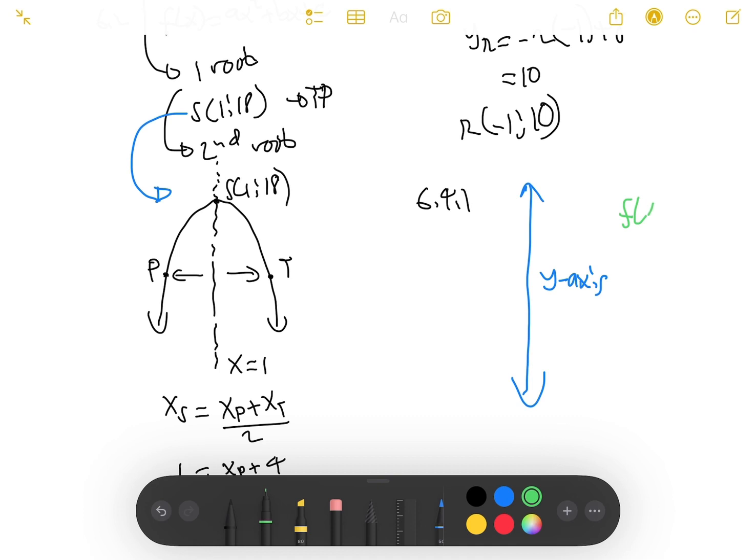Where is the graph of f of x greater than the graph of g of x? Even if here we have 3 and at the top we have 4, this is still true. The graph of f of x is greater than the graph of g of x, right?